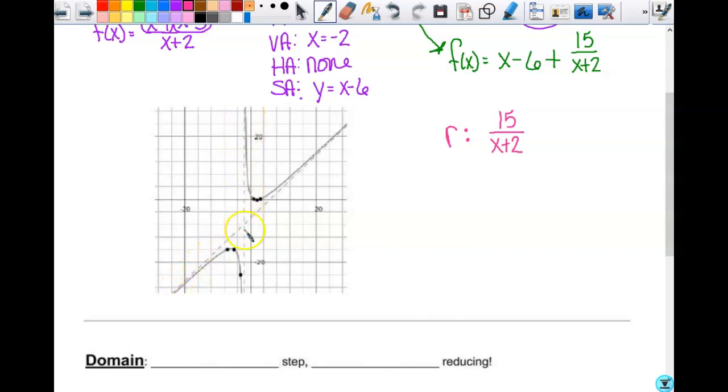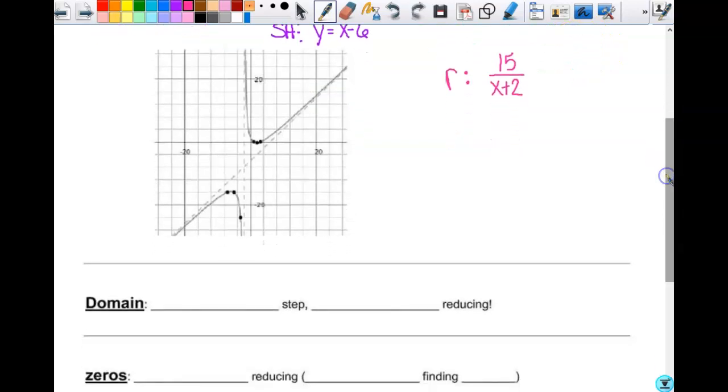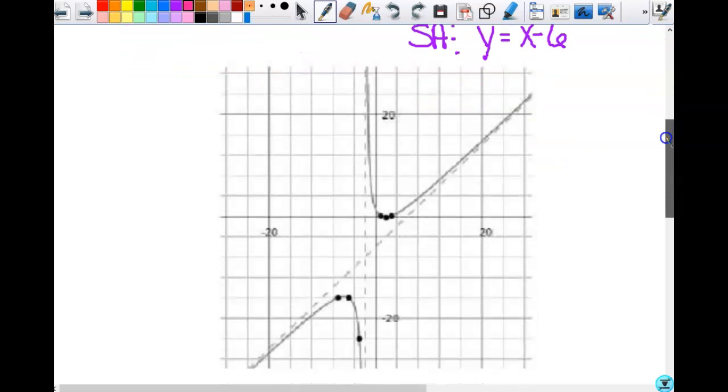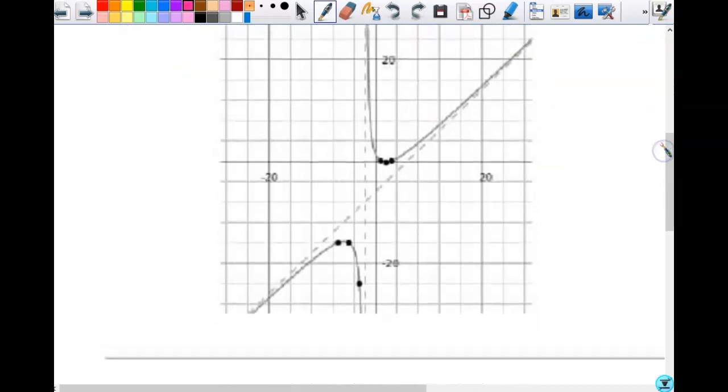The y equals x minus 6 is this dotted line right here. So we have a vertical asymptote, which we already knew, x equals negative 2, and then this slant asymptote that's y equals x minus 6. Remember, if I actually put the remainder on it, I'd get a rational function, I wouldn't get a line. Just like any other asymptote, the function is approaching the asymptote.